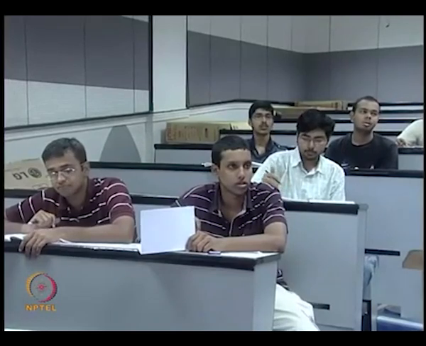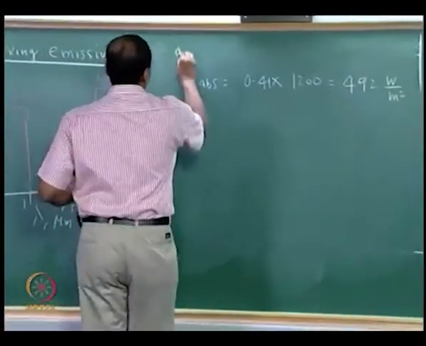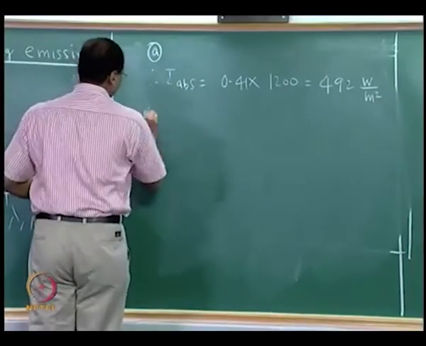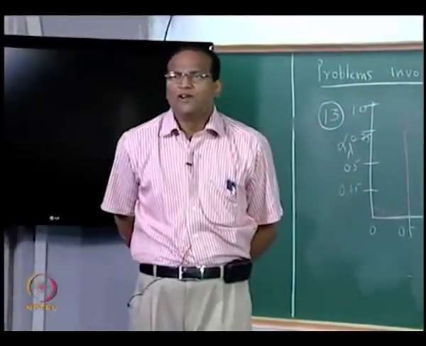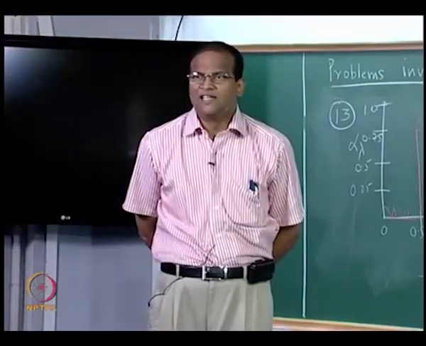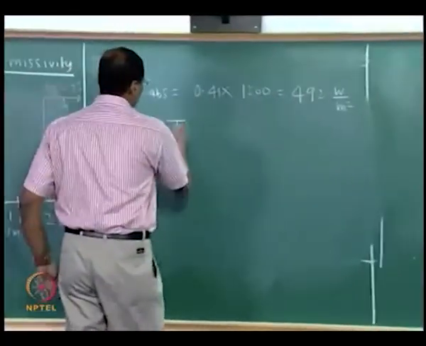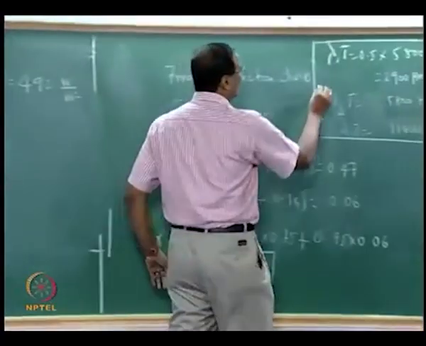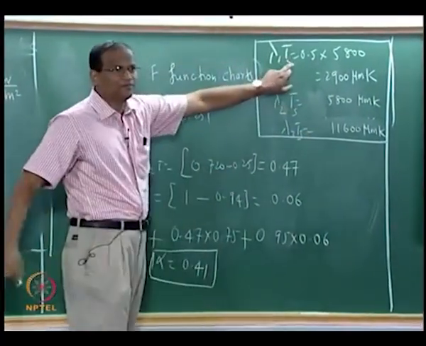Correct? Okay. Now the next part of the story is emissivity. Part A is over. Part B. Fortunately for us, lambda 1 is changing, lambda T and all will change. T is now, so this I will put Ts, the temperature of the sun.